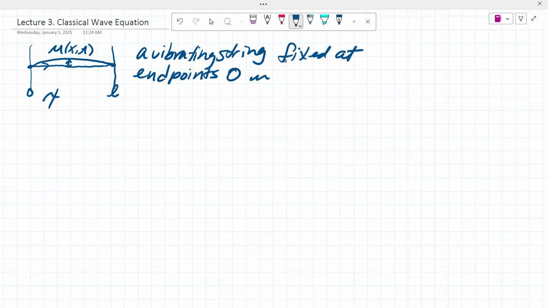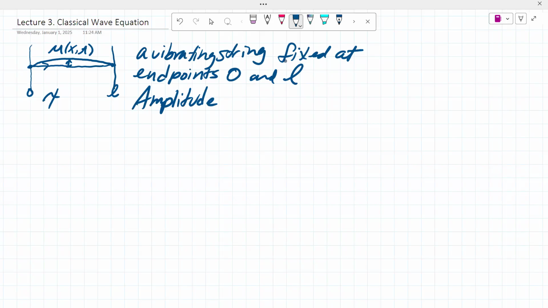Zero and L. So what this means is that on the x-axis, the string is bound at the 0, the origin, and then it goes up to some length L, which represents the length of the string, and then we have an amplitude.